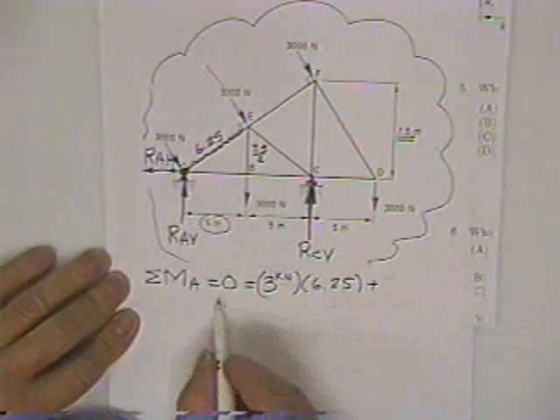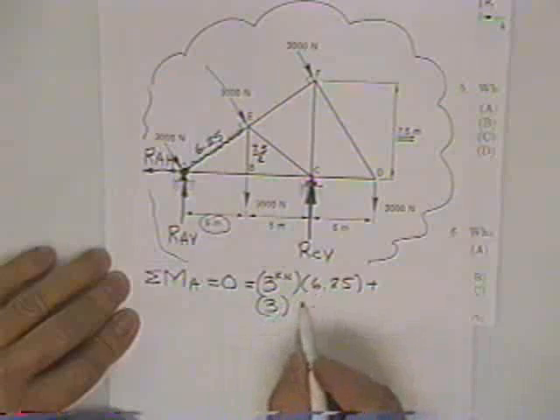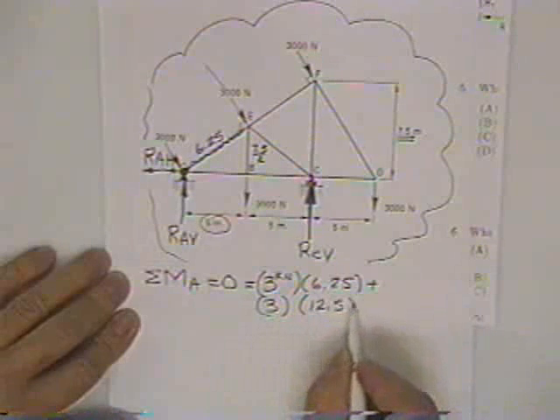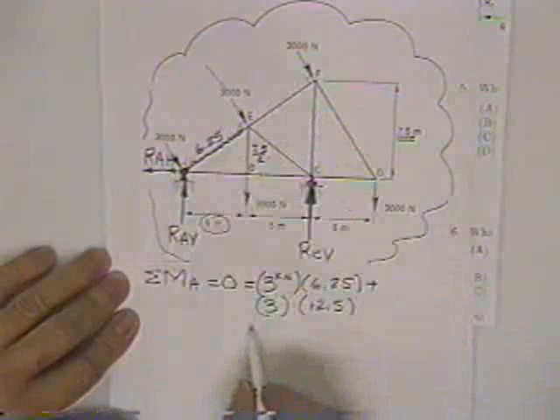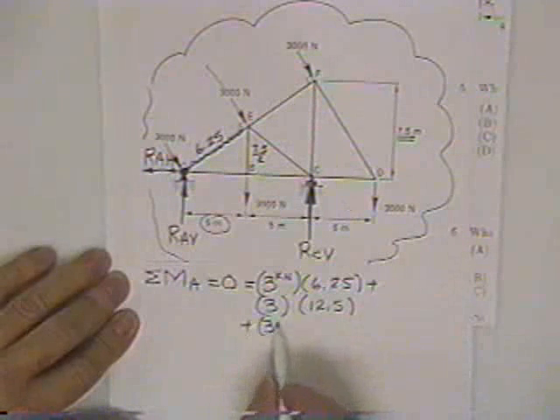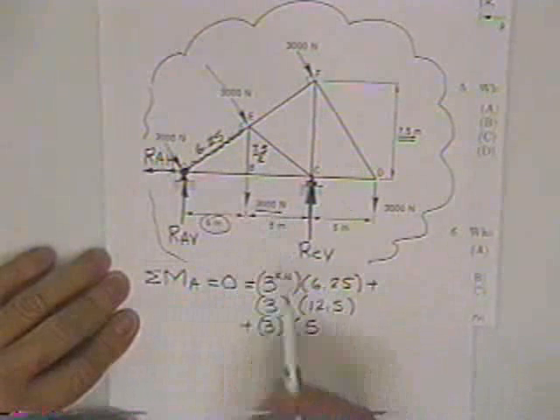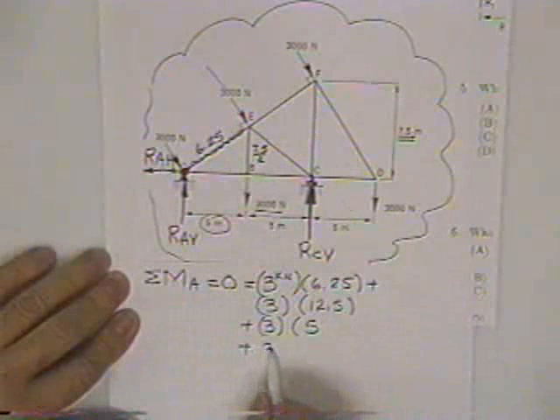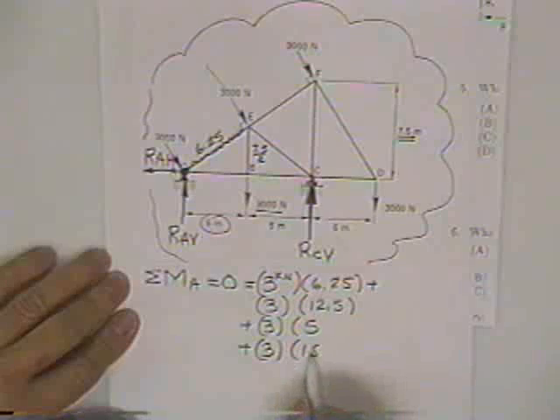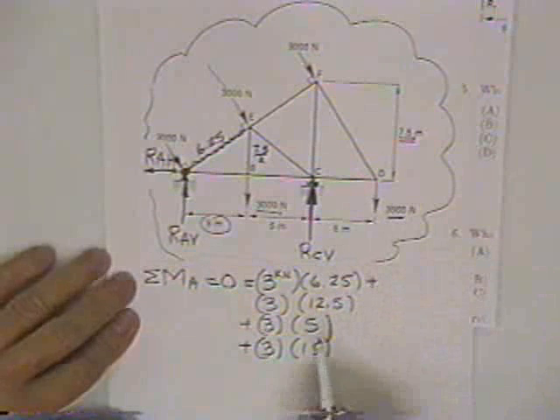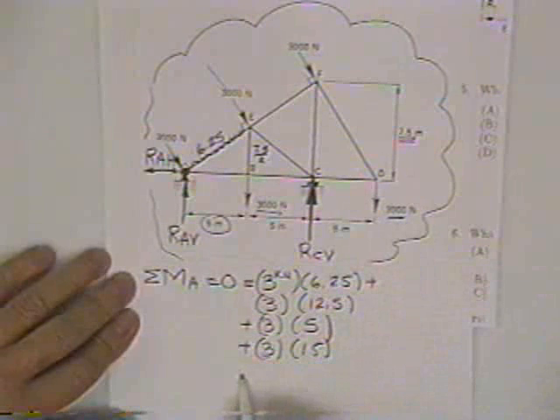To that you add 3 kilonewtons up there at the top times 12.5, since he's twice as far up, plus 3 kilonewtons times 5, that's this one here, plus 3 kilonewtons times 15, that's this one over here. Looks like all of them.